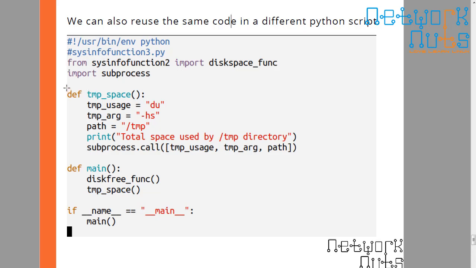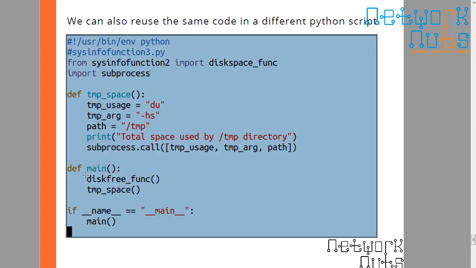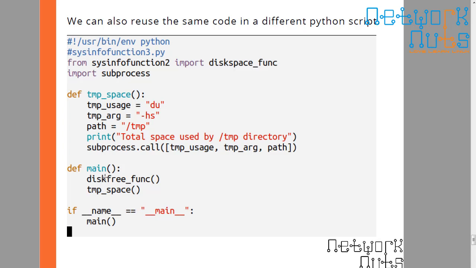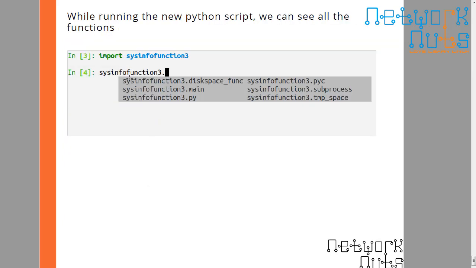Here I had defined a function temp space. It will merely show you the space occupied by the temp directory, and then in the main I'm calling the disk function, the disk free function, right? So when I give the third file name, it also tells me this.